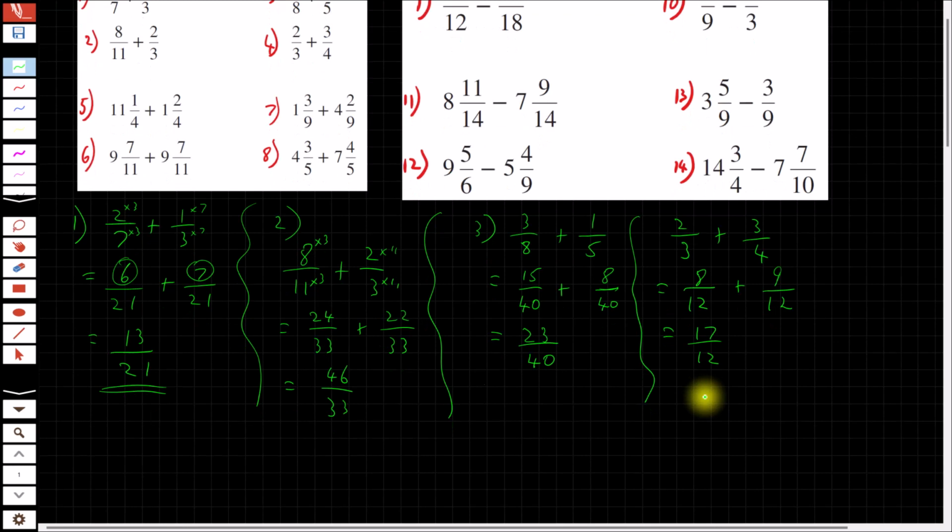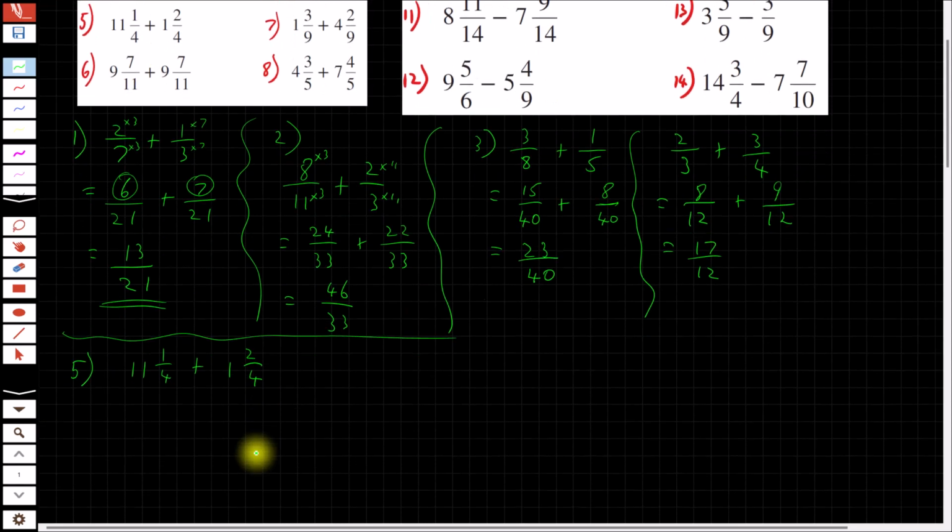Okay, now we're moving on to question 5. We have a mixed number here. There are two ways we can add these types of mixed numbers together. We can do it this way, so we can add the whole numbers together. 11 plus 1. Then we can add the fractional parts together.